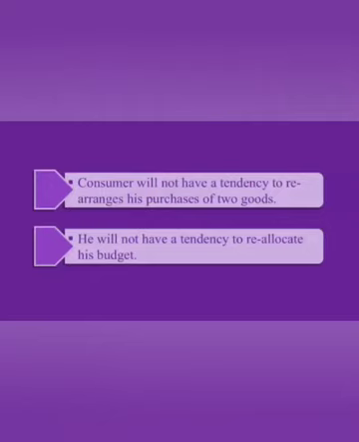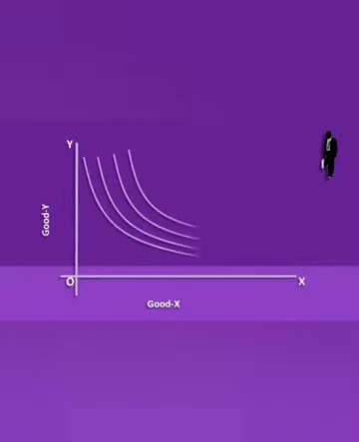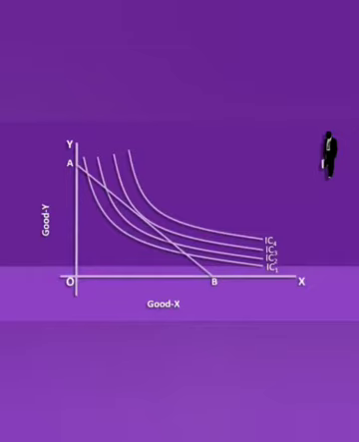To analyze the equilibrium of the consumer, we have to integrate the indifference map with the price line or the budget line. We know the consumer is going to choose any one of the combinations on the price line.